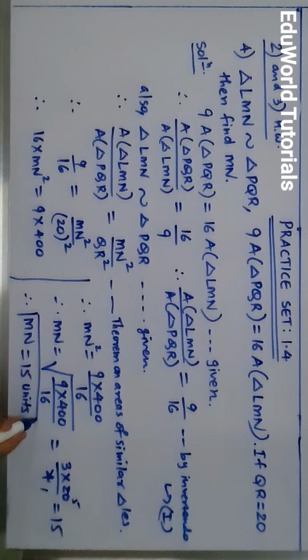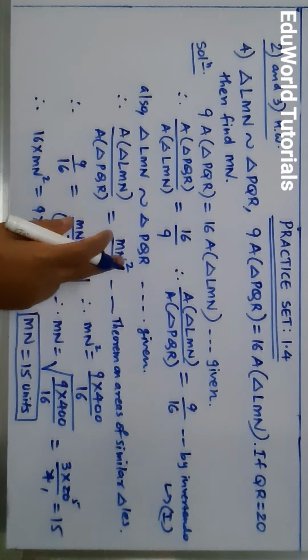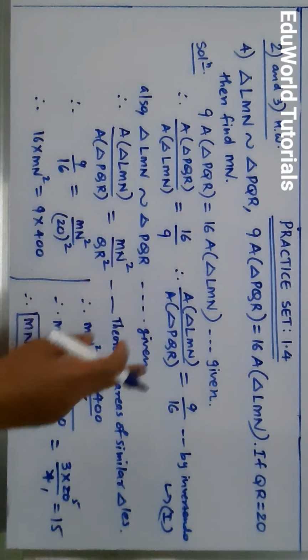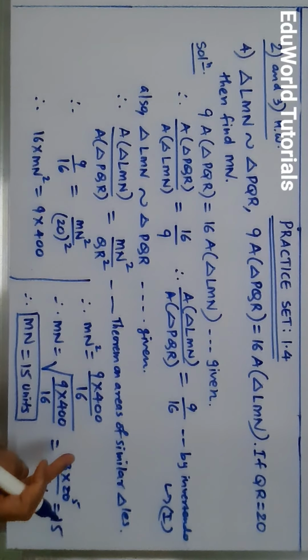So very simply we can solve the sums, and this is how the theorem is used. This sum is the application of the theorem which we just proved, the theorem on areas of similar triangles. This is sum number 4, and now I see that there are few sums given in this exercise, till sum number 7, and after that problem set 1 starts.